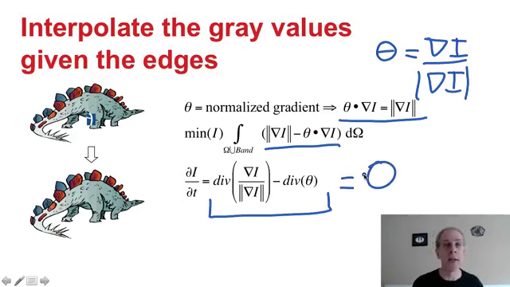When we get to steady state, we get that the divergence of the normalized image is equal to the divergence of the normalized gradients that we were given. Remember, div is for divergence of this vector. And then we get an image that is consistent with the information that we were given. That's exactly what we wanted.